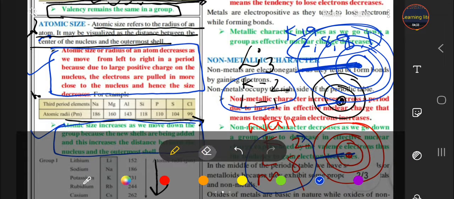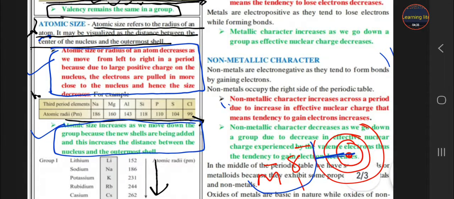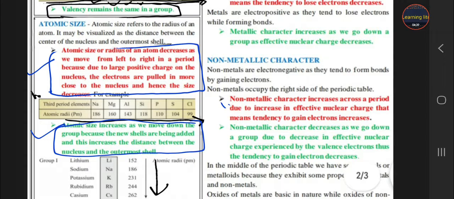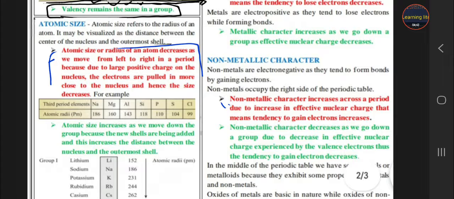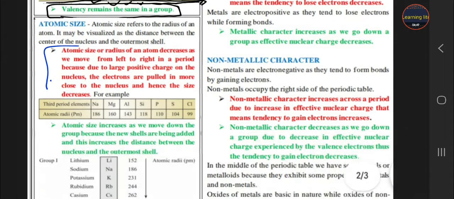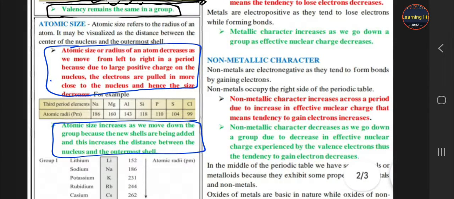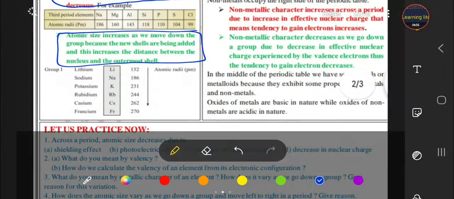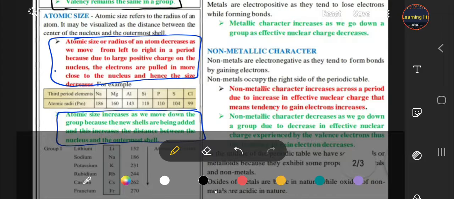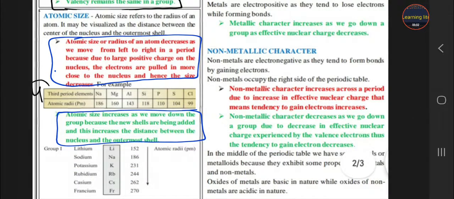Okay. So this is the answer of your fourth question. Student, you have to write both of these in your fourth answer.